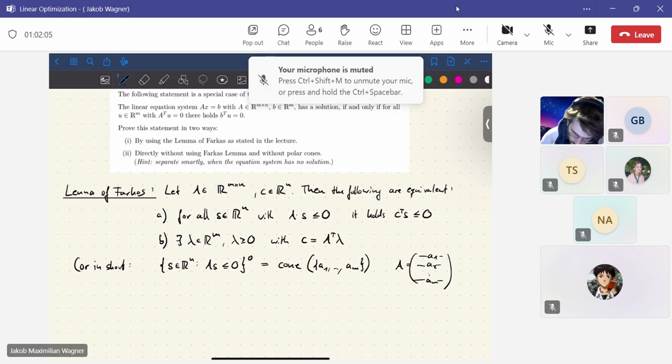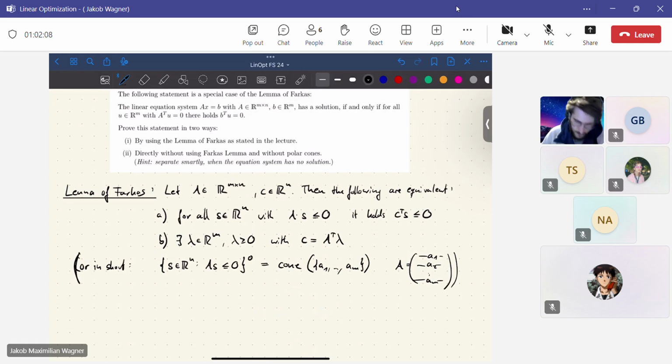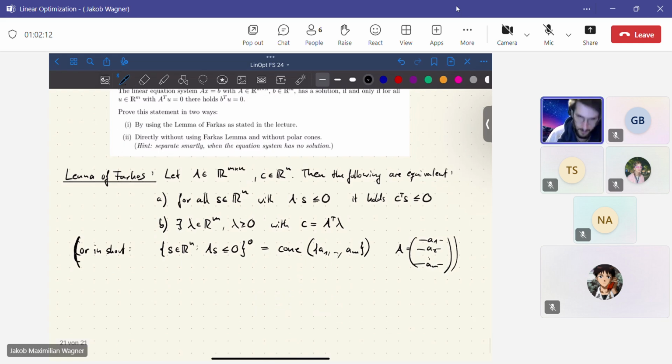And so this is, let's say, the optimization variant of this lemma.